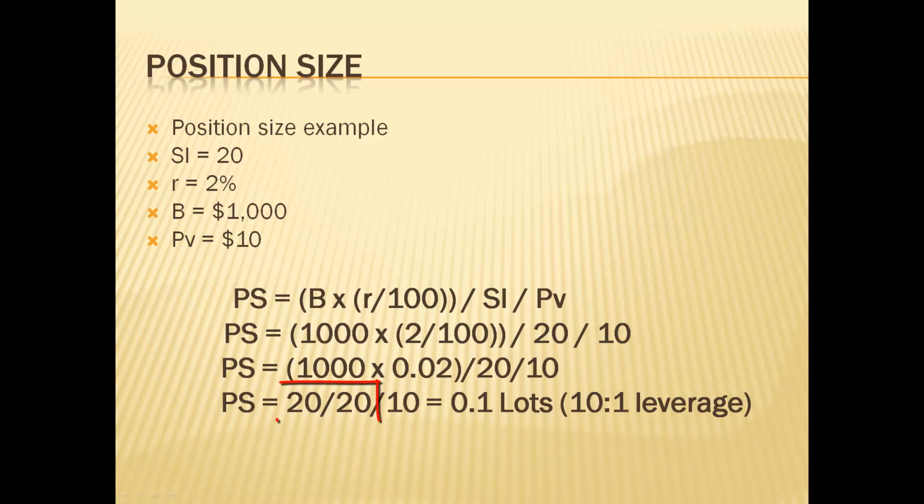I take the $20 and divide that by my 20 pip stop loss. This produces 1, meaning that my position should result in each pip value being worth $1. To derive the position size, I divide 1 by the standard pip value of 10 to get 0.1 as my position size. If your account is a mini account, you simply use $1 instead of $10 for the pip value.